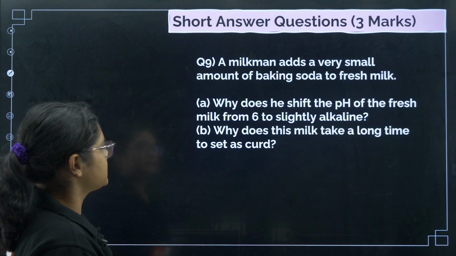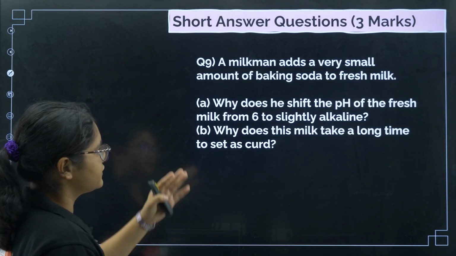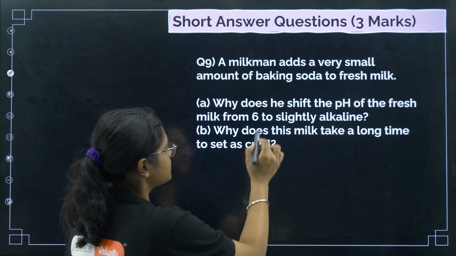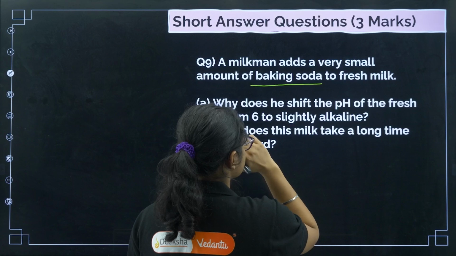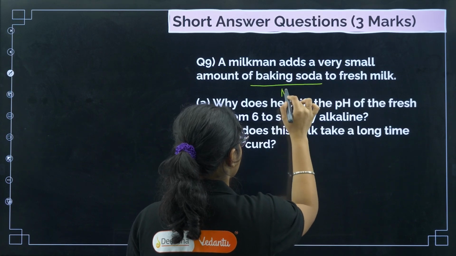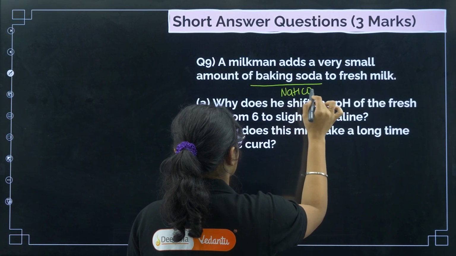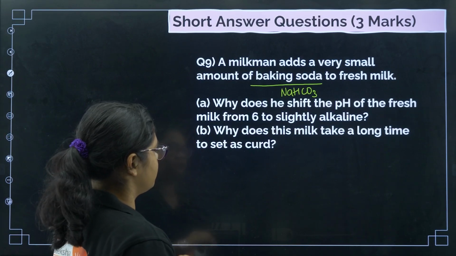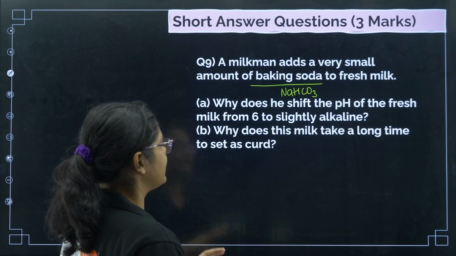Okay, next, go to the next question. So this is a 3-marker question. A milkman adds a very small amount of baking soda. Okay, so if you remember, what is baking soda formula? NaHCO3, right, to fresh milk. Why does he shift the pH of the fresh milk from 6 to slightly alkaline?